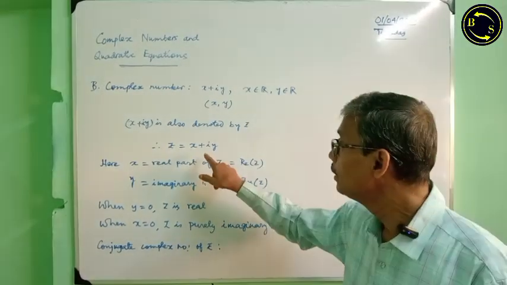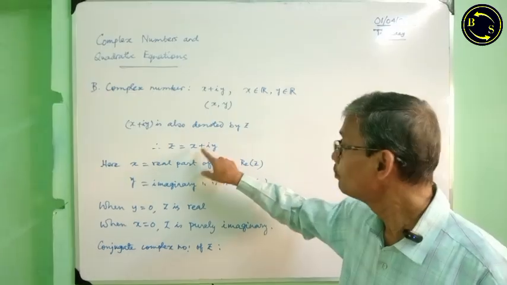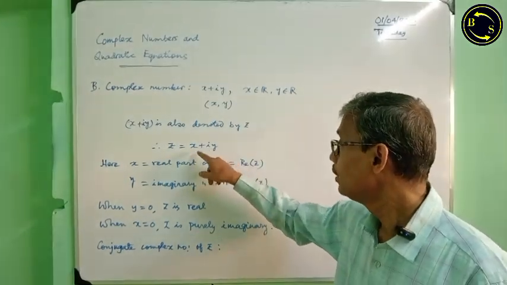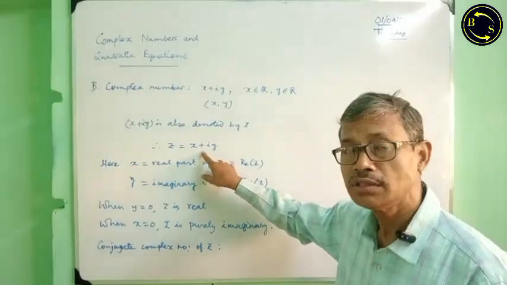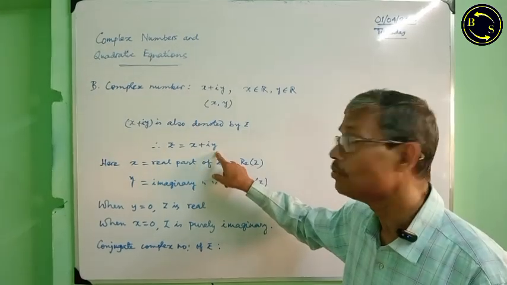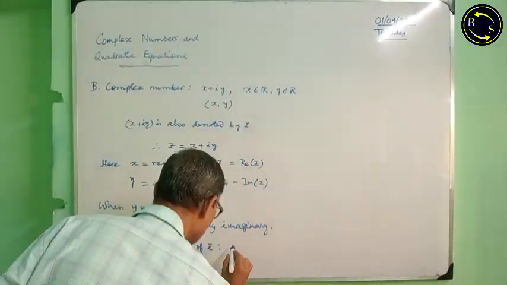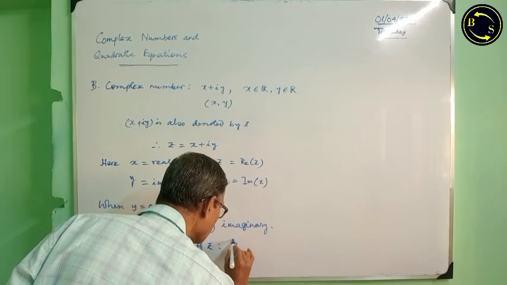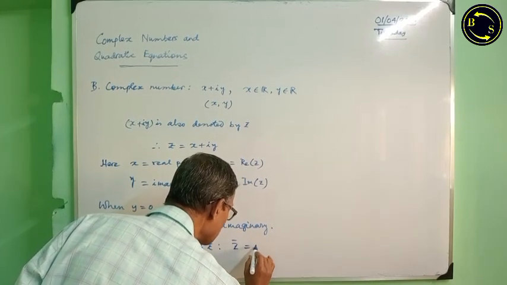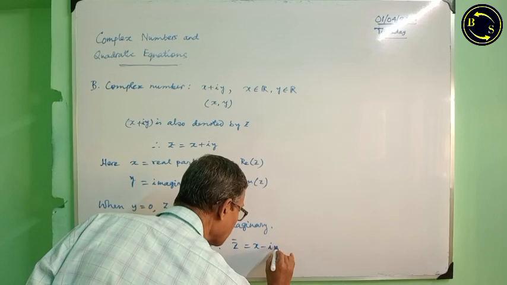If we change the symbol of the imaginary part, here it is plus iy, if we change to minus iy, then that is denoted by the symbol z bar, which is x minus iy.